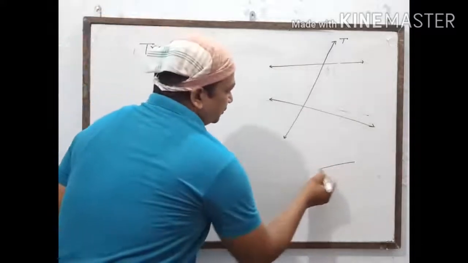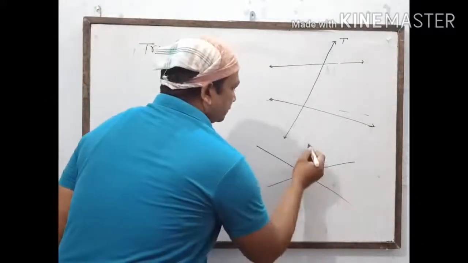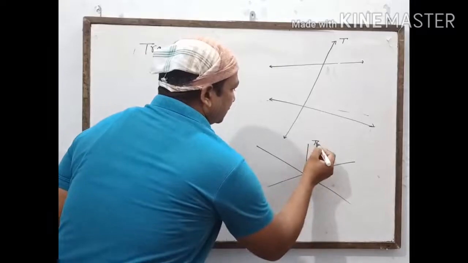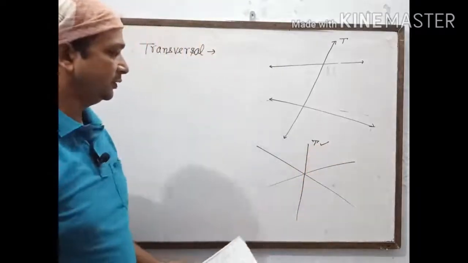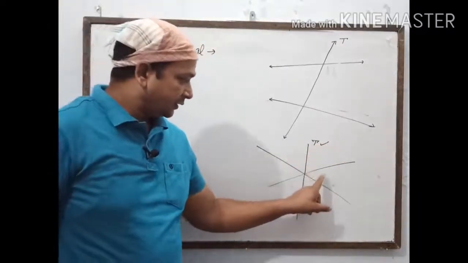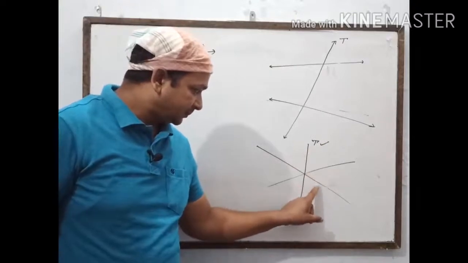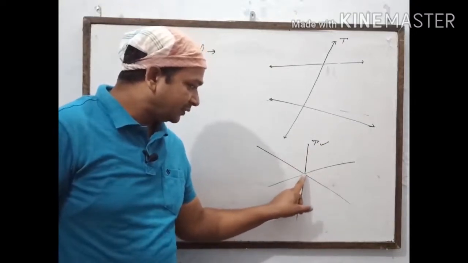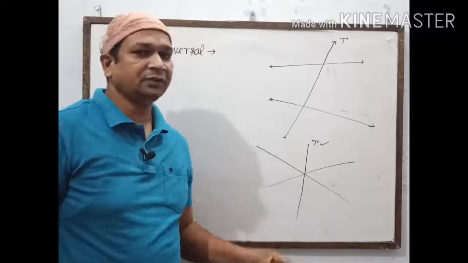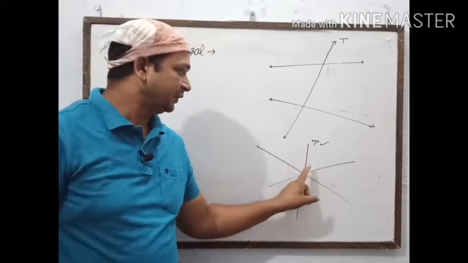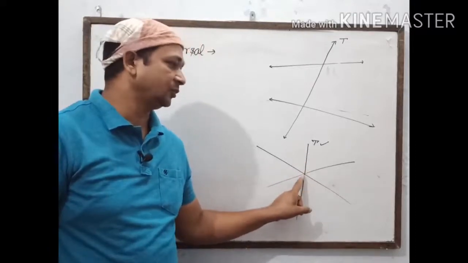For example, here this line intersects these two lines at not distinct points. Distinct means different points. This line intersects these two lines at the same point.